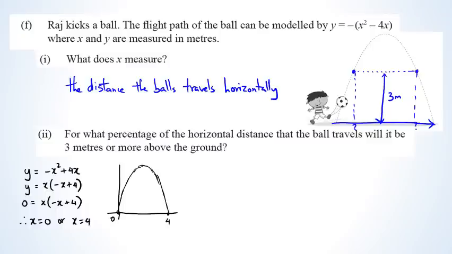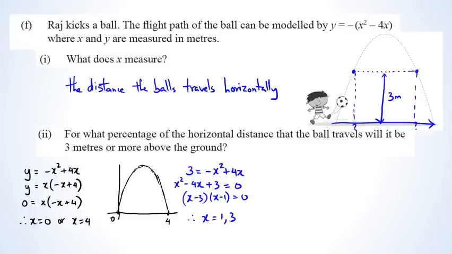Now they're asking at what point is it going to be 3. So we put 3 equals minus x squared plus 4x and solve this. Rearranging, I'm going to get x squared minus 4x plus 3 equals 0. This could be factorized as x minus 3, x minus 1 equals 0. Therefore, x is equal to 1 and 3.